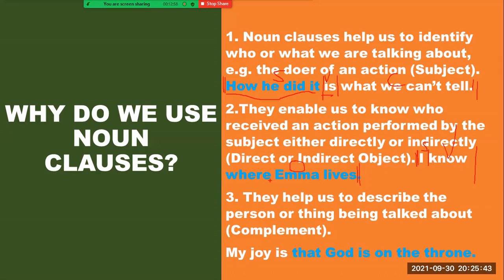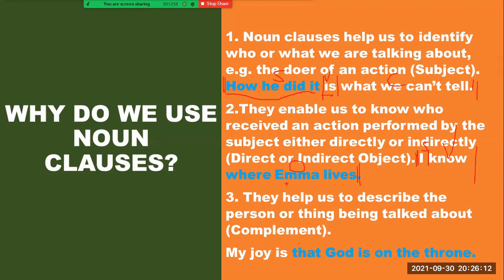That is exactly to show or confirm that a noun clause actually replaces a noun in a sentence. And if it replaces a noun, it also means that a noun can replace a noun clause. That is why we can replace where Emma lives with John: I know John, or I know Mark, or I know Rose.